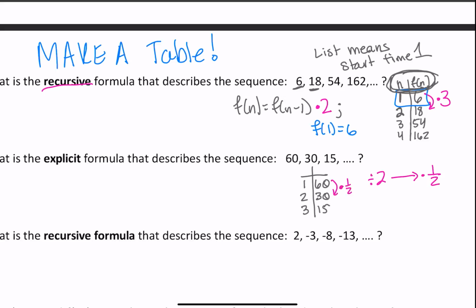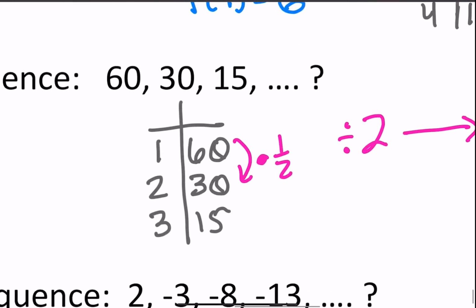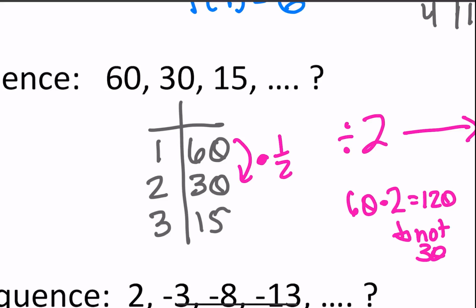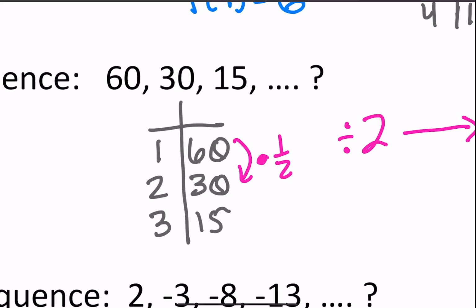Okay, so that's what we're doing down our table. Now, someone in class today made a really good comment. They asked, why isn't it times 2? Well, if we do 60 times 2, that gives us 120. That is not 30, so that does not work. However, if you think about it this way, half of 60 is 30, and that works out. So we are multiplying by 1/2 down our table.